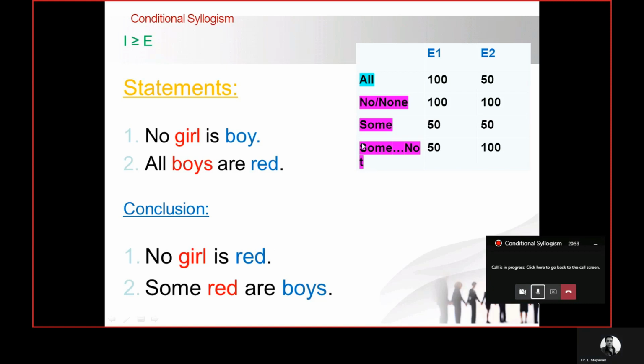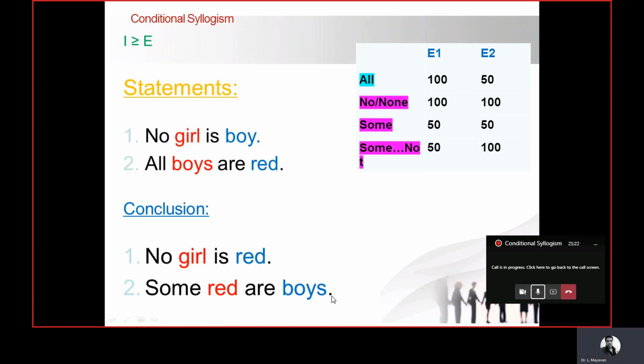Okay. And how about the second conclusion? Some red are boys. The value for some is 50, 50. Red and boys are the two elements, and we should decide what value is given for red in the statement. All boys are red in the statement. Red we find in the second statement. All value is 50. Here some is also 50, equal.